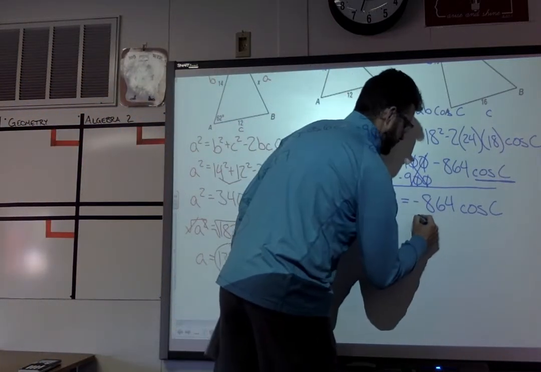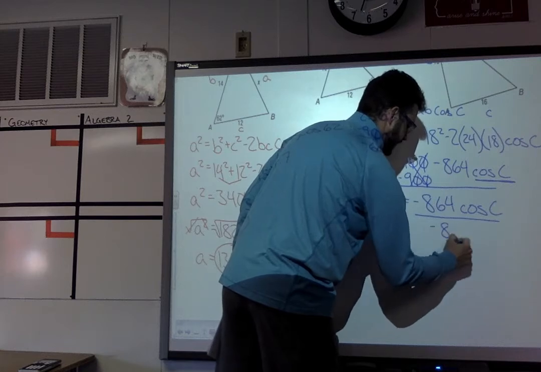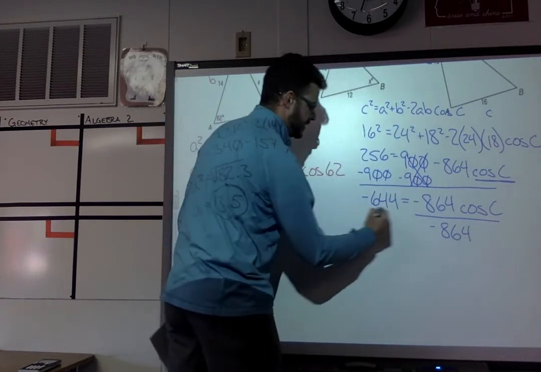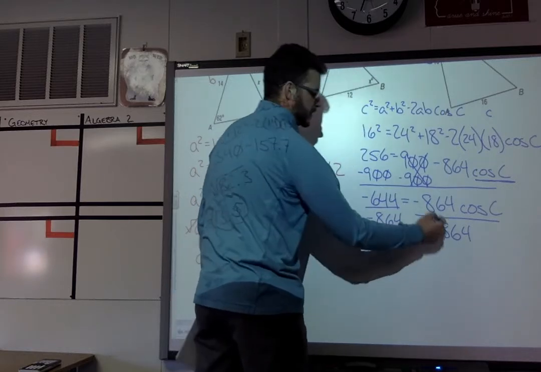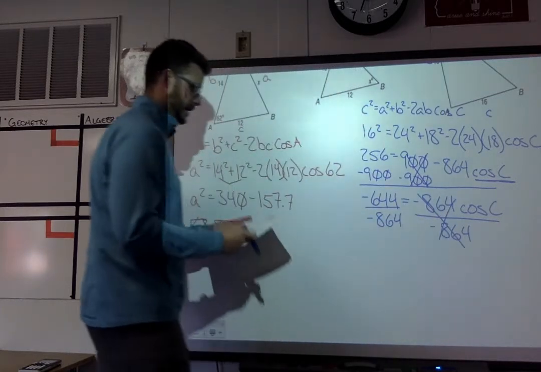So then I need to divide both sides by negative 864. So here, that would cancel.